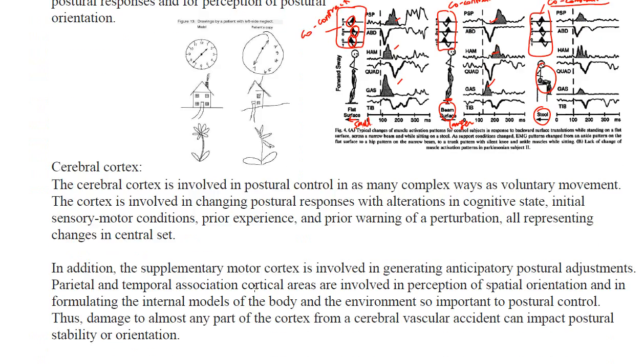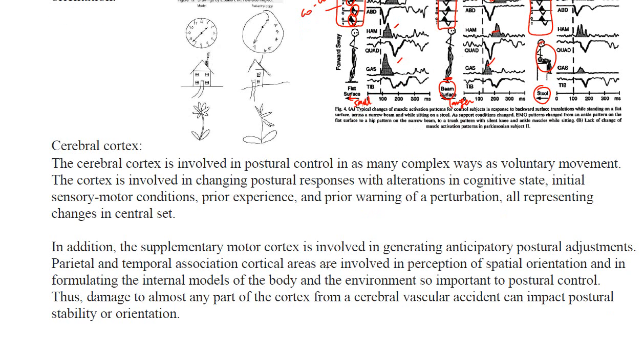And lastly, cerebral cortex. It is involved in postural control in many complex ways, and especially it can influence postural control in accordance with the cognitive state or psychological state.